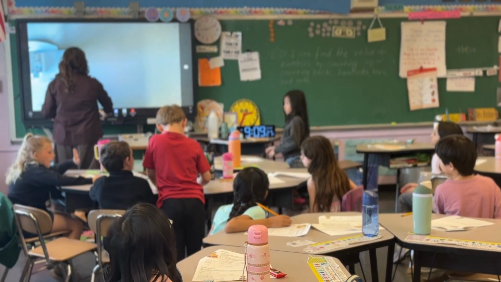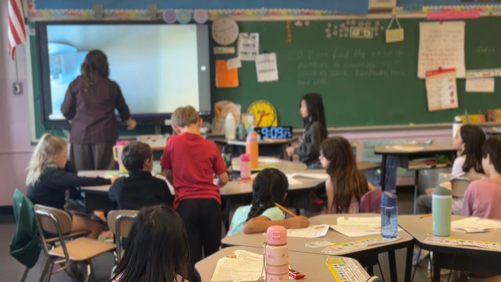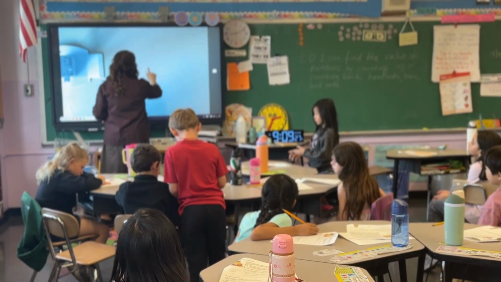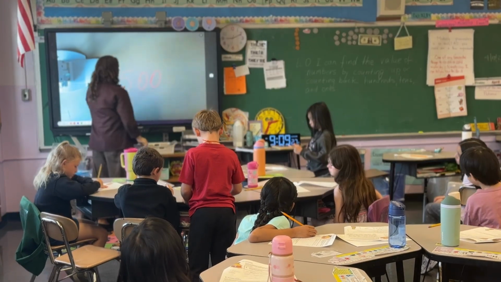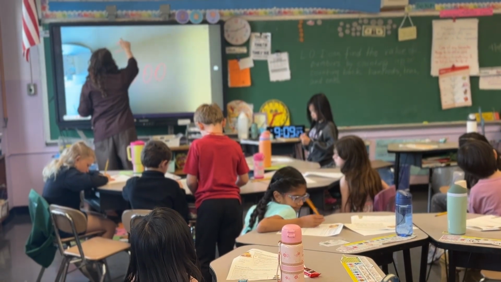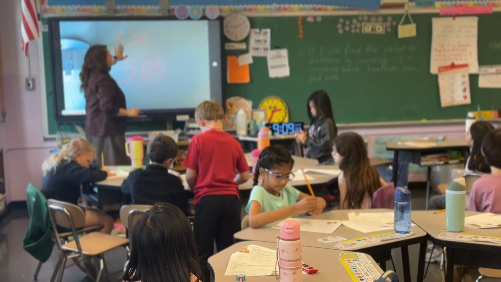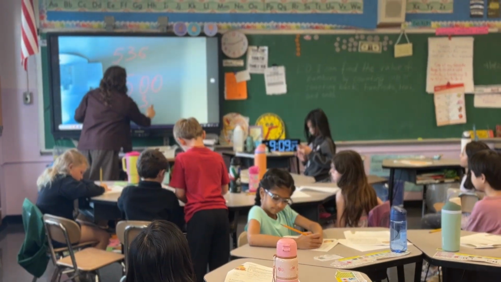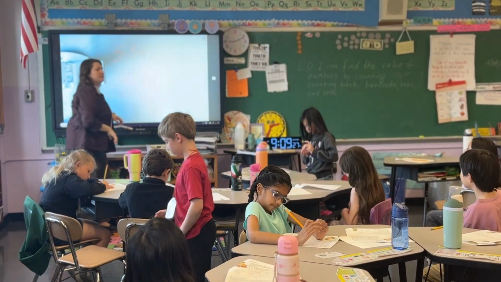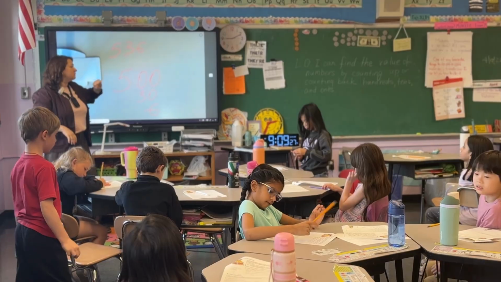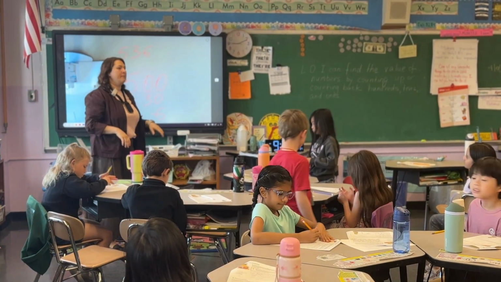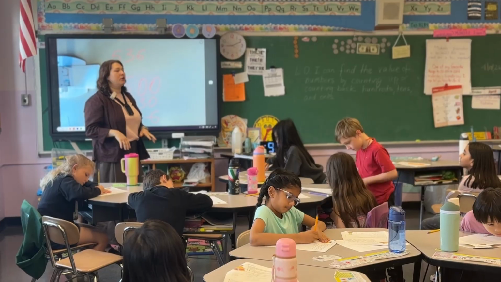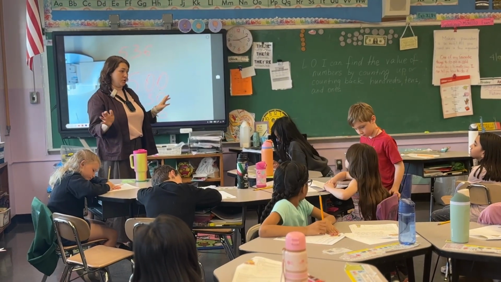If we have 536, it's not just 5, 3, and 6, it's 530 and 6. This is what we need to know to be successful in addition and subtraction, and later we're going to learn even more ways to do it.